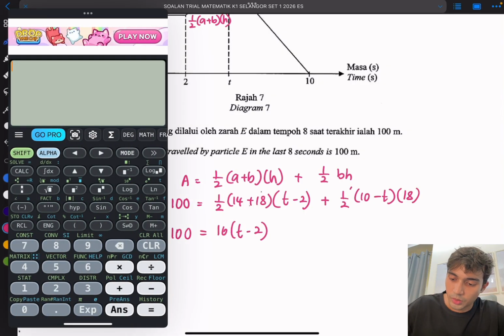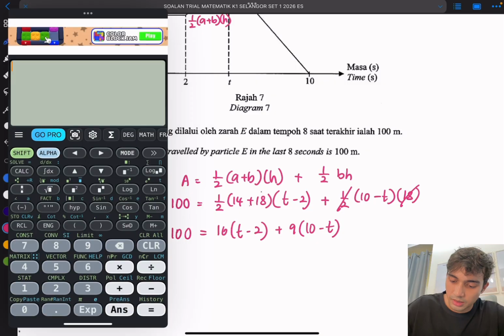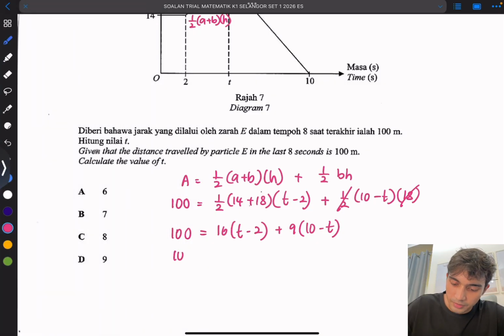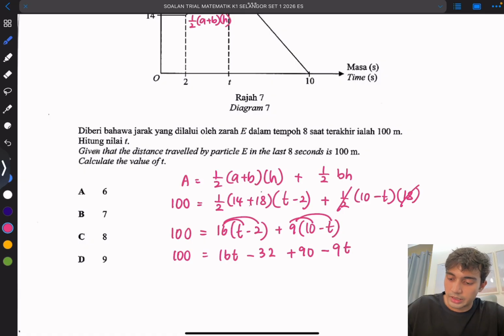And then 1 over 2 times 18 is 9, so you can write 9 (10 minus t). Then we expand. 16t minus 32 plus 90 minus 9t.